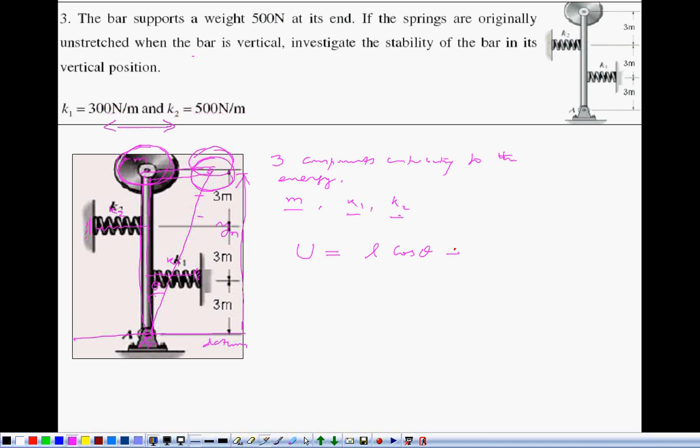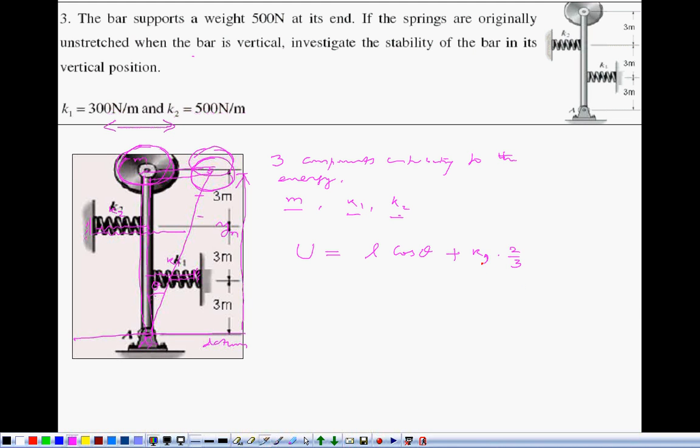The other two contributions are K1 times however much it has deflected. So it would have gotten deflected like this. This should have gotten compressed like this. So this is extended, this is compressed. However, spring energy is a square term of the deflection. This is equal to nothing but this length, which is 2/3.